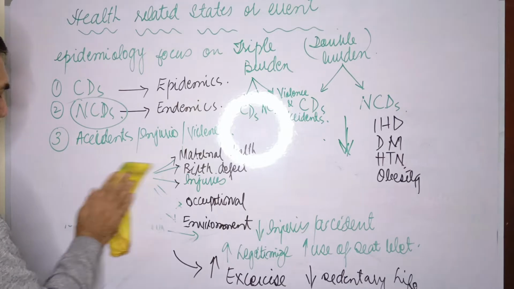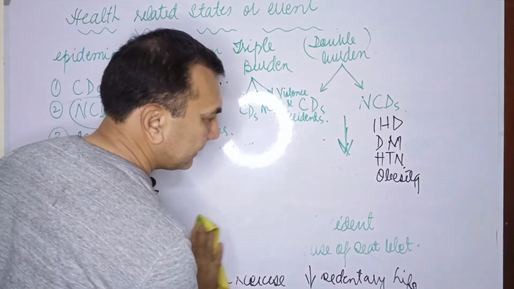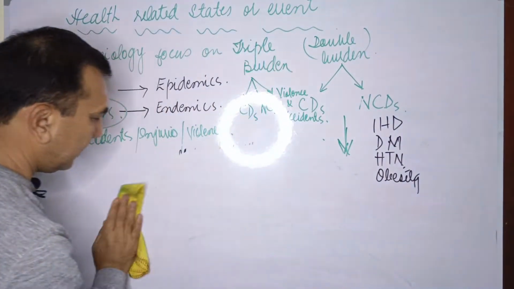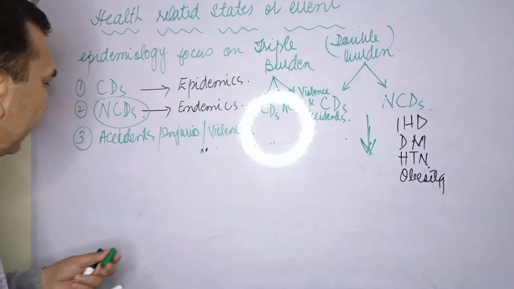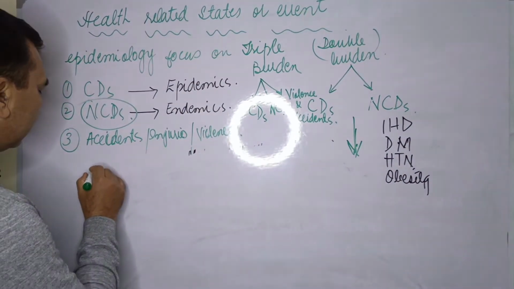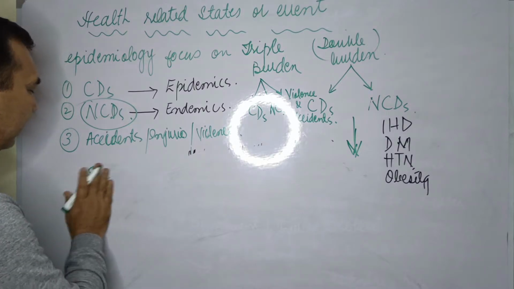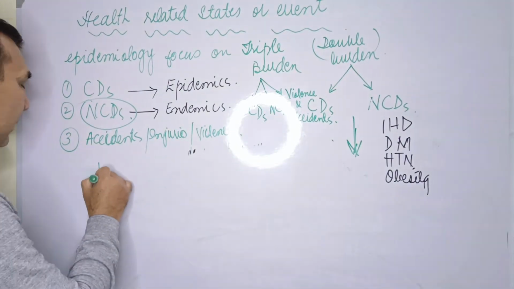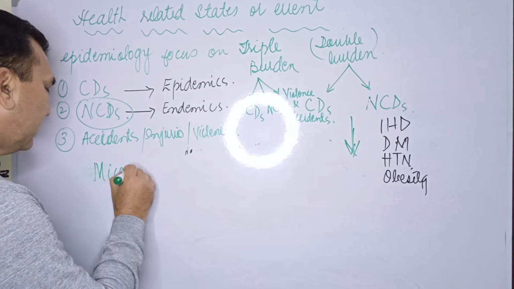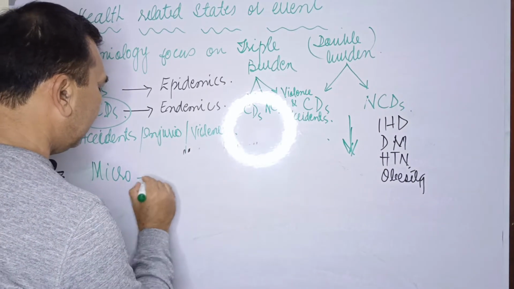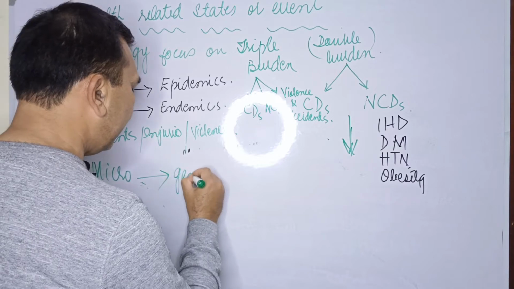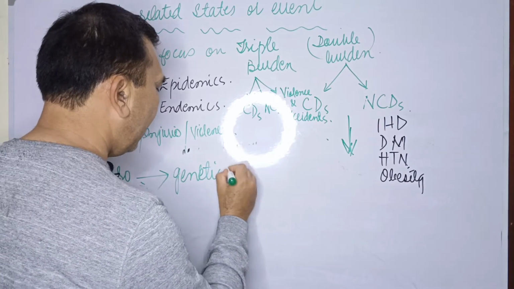So after the 20th century, epidemiologists and public health specialists nowadays reach the micro level, and that micro level is genetic epidemiology.